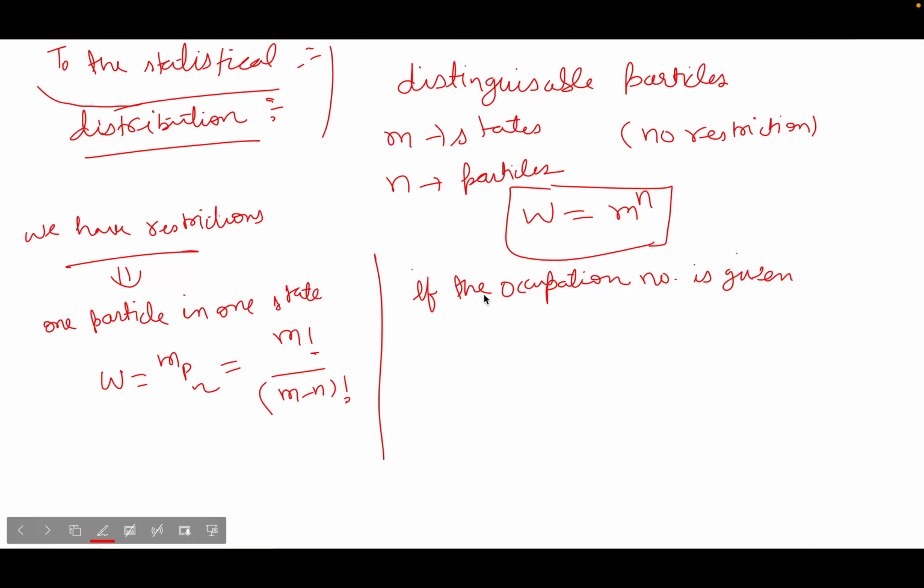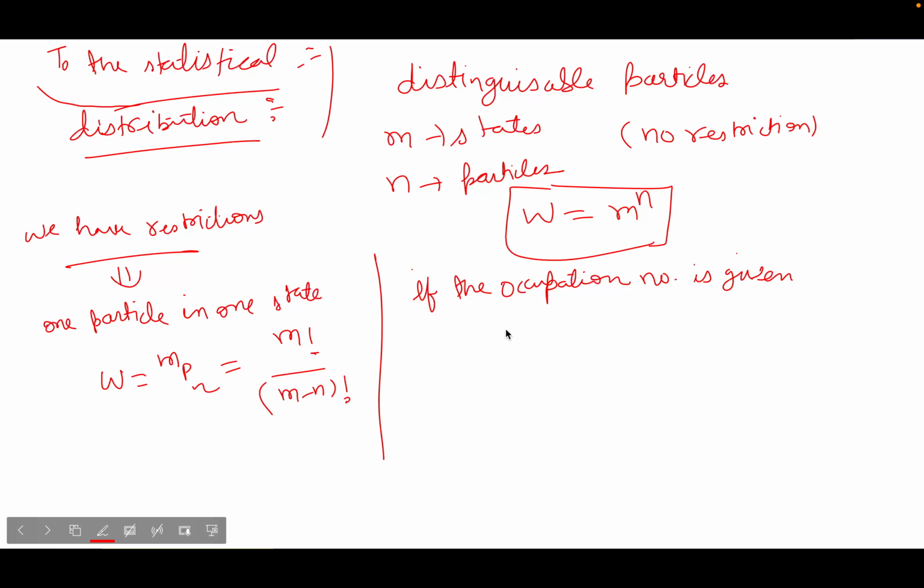They have been asked in many last year papers, GATE, NET, JAM and all, TIFR also. So they ask these questions directly. If we know these things, you can easily apply this and get the answers.